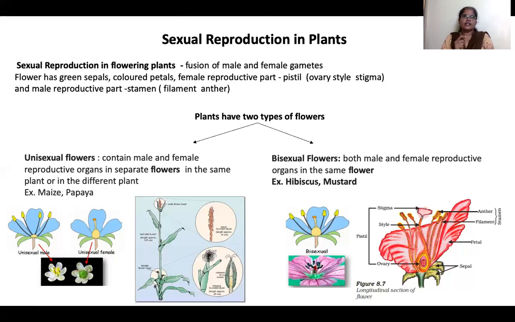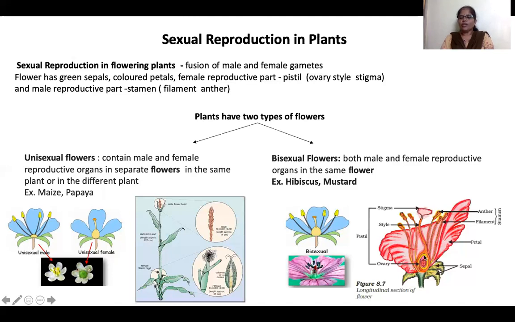In an earlier class we had seen hormones, sexual hormones in plants. The male reproductive part is pollen grains, whereas the female reproductive part is the ovary, right?